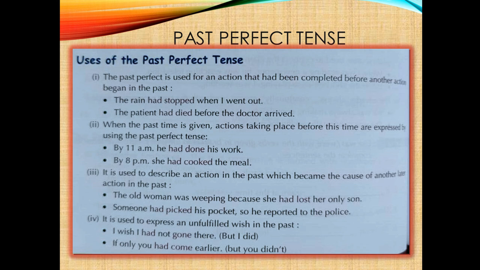So, an unfulfilled wish which has happened in the past. So, past perfect tense is used to express that also. Right, children? So, these are some of the uses of past perfect tense. Let's see an exercise to understand it better.